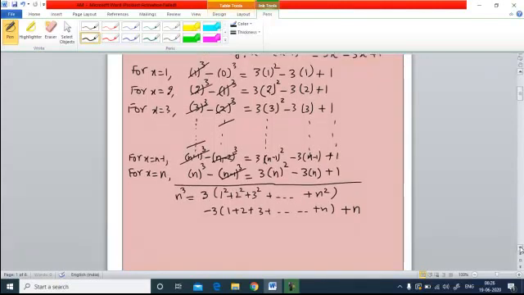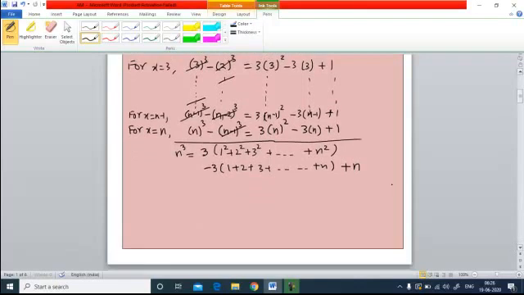Now we need to simplify it in order to get our required result. This is cube of n is equal to 3 times summation of square of n, minus 3 times, and if you look at this part, this is the sum of first n natural numbers which we have derived, and it is n into (n plus 1) by 2, and then plus n.